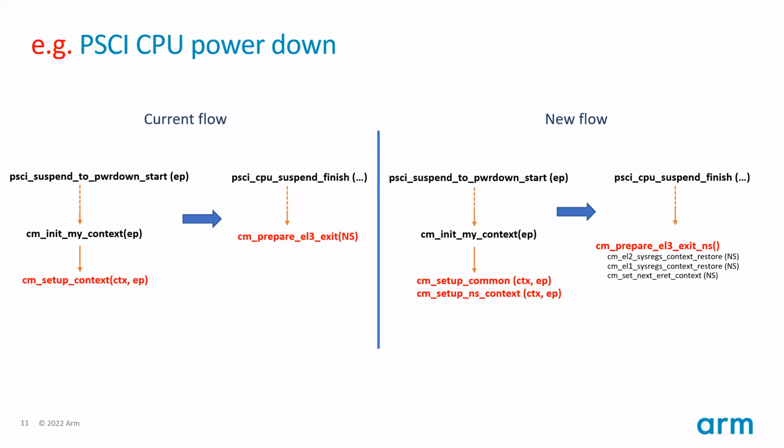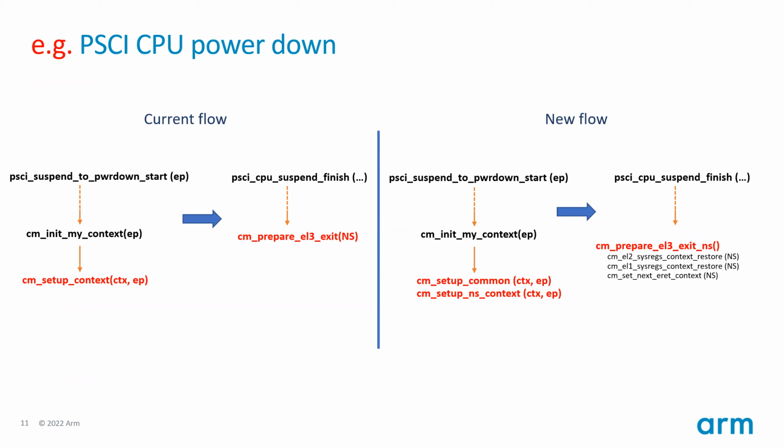So in the current flow, when we call PSCI suspend power down, we save the entry point information by calling the setup context or initializing, and after powering up after the warm boot, we restore the context using CM prepare L3 exit for the non-secure. So this is for the non-secure case.